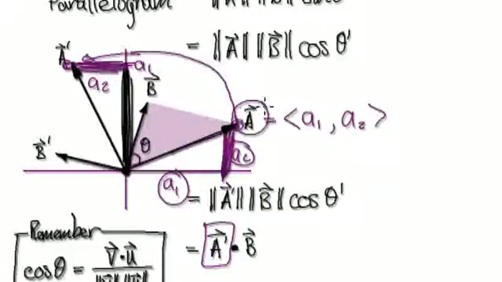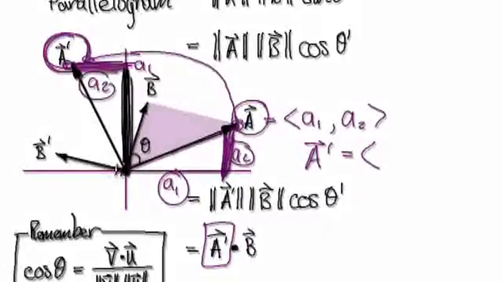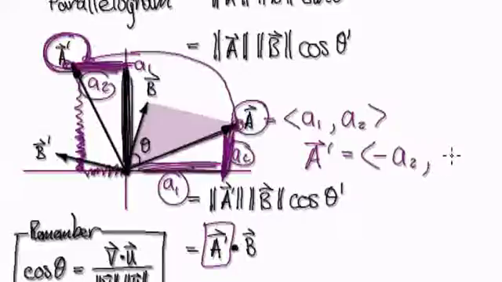So whenever you know the vector A, you can actually get vector A prime. Vector A prime will be you moving A2 in the negative direction, and then it will be you moving A1, which is this length here, in the positive direction.